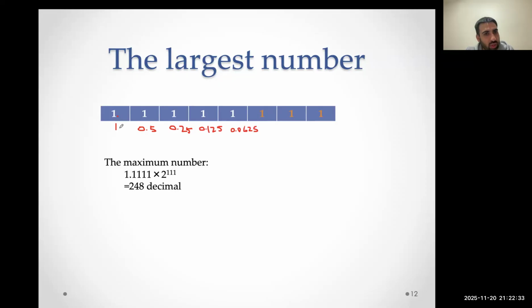But remember, here you have the point after 1. So when you add all of these together, let me do it quickly because it will help you understand. We get 1 plus 0.5 plus 0.25 plus 0.125 plus 0.0625, which gives 1.9375.